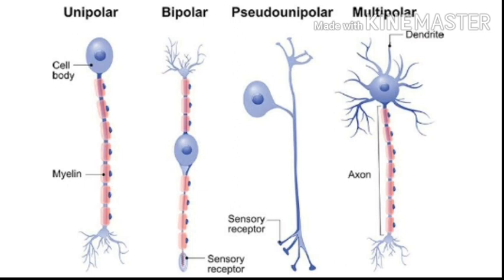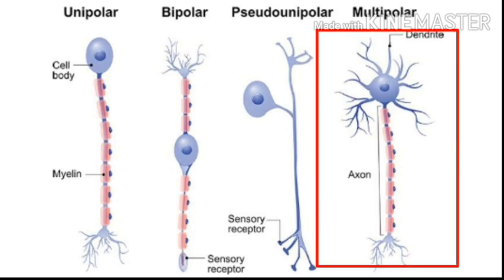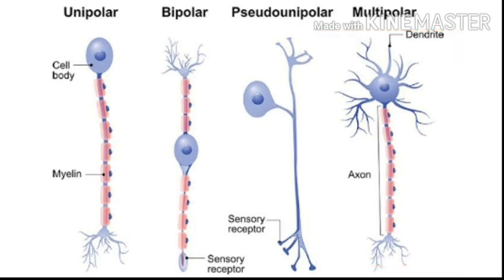It only has one process with a cell body situated to one side, but bipolar neurons have two processes separated by the cell body. Now multipolar: the majority of the neurons in the human body are multipolar. They work in the central nervous system of the human body.